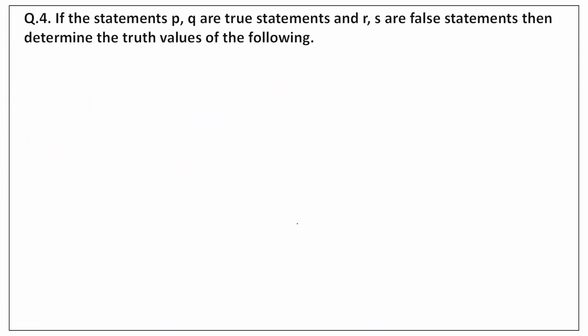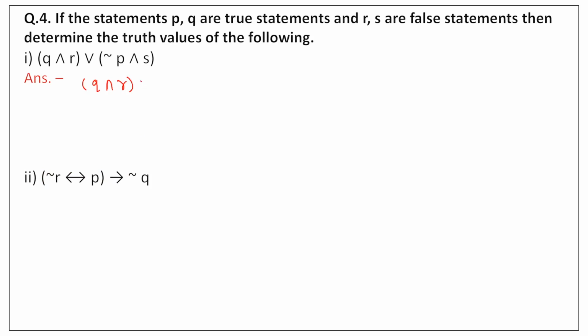If the statements P, Q are true statements and R, S are false statements, then determine the truth values of the following. So this is the given. We write Q and R, or negation P and S. What is given? P and Q are true, R and S are false. We substitute this.